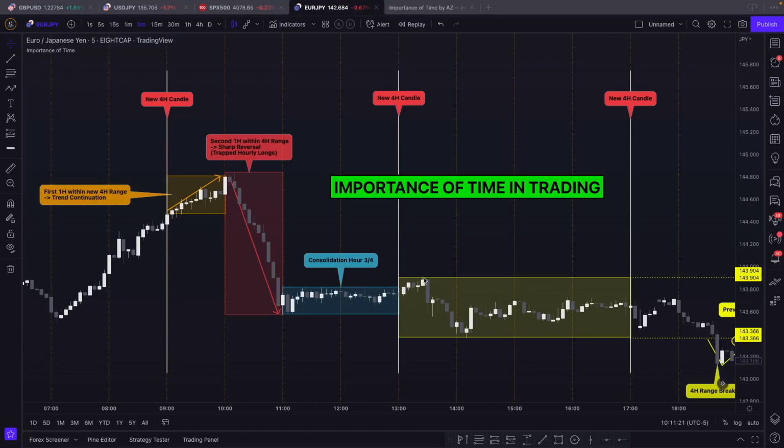We broke above the high, triggered longs into the market again, before eventually reversing price, triggering shorts below this 4-hour low, before reversing it back up, making it really hard for them to hold on to their position, because the market is just consolidating for 1, 2, 3, 4 hours for the whole new 4-hour candle. But now the important part comes.